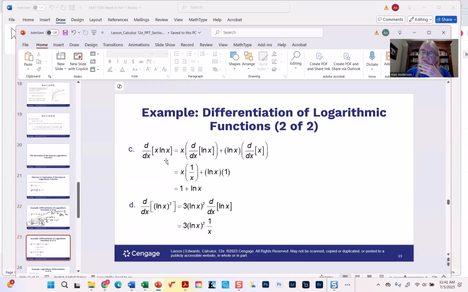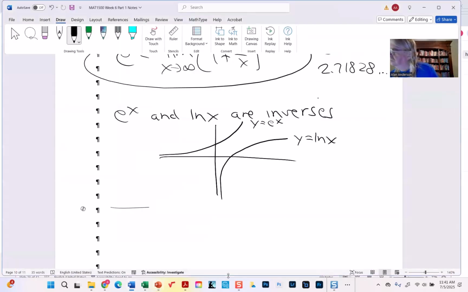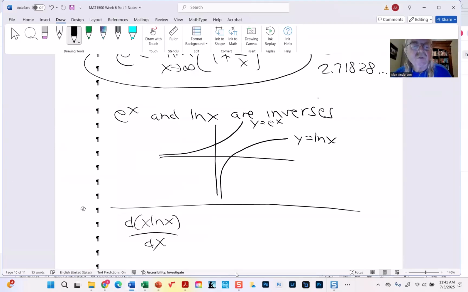Oh, see, now here they're throwing in the product rule. All right, let's see how that works. So let's just quickly review the product rule.